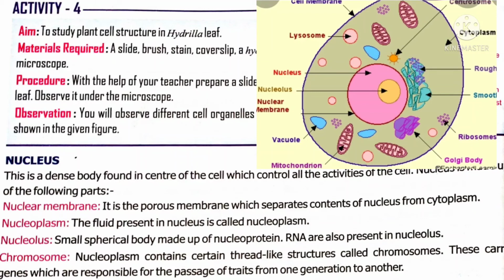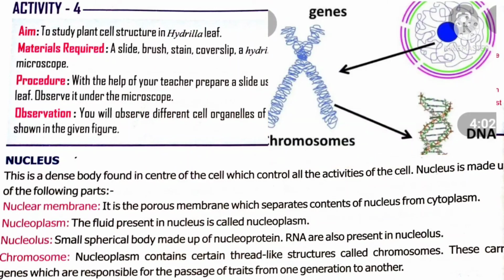Inside the nucleus, there is a small spherical body called nucleolus. This nucleolus is made up of nucleoprotein, and RNA, that is ribonucleic acid, is also present in this nucleolus. Next comes chromosomes. This nucleoplasm contains thread-like structures called chromosomes.